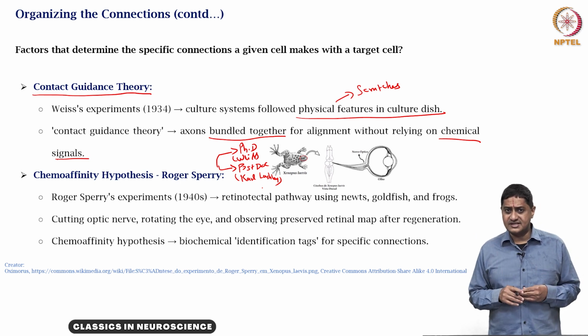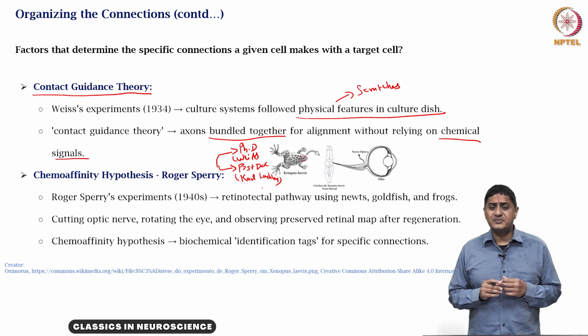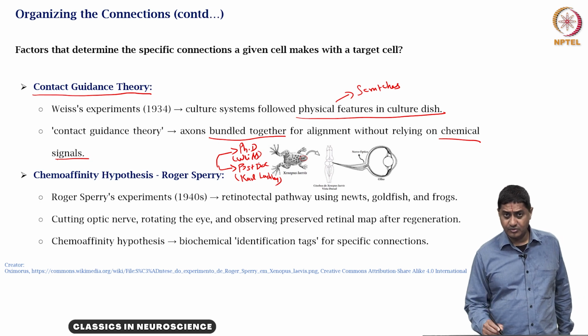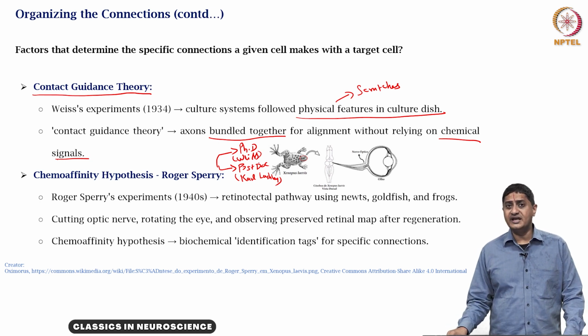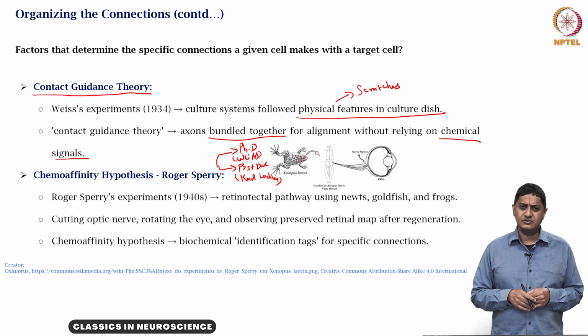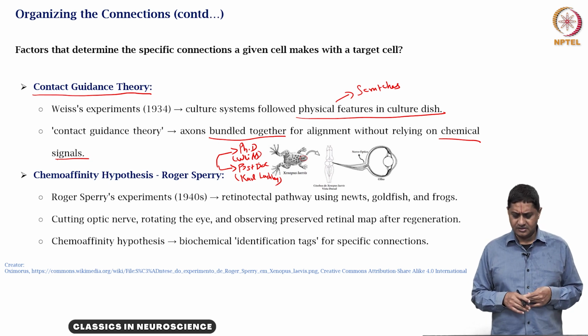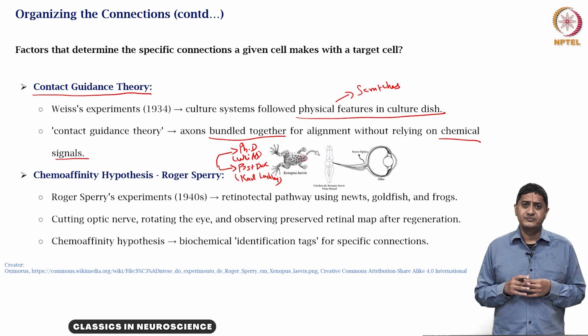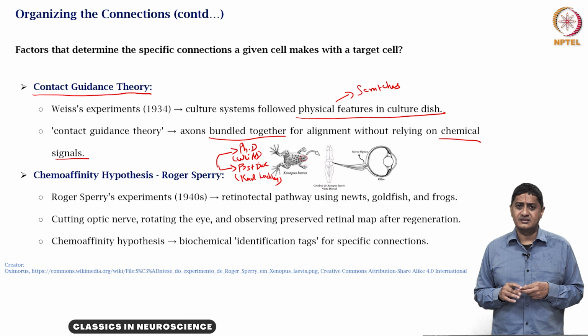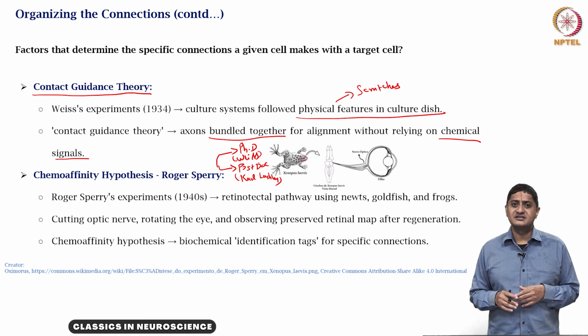This was Carl Lashley's idea. Roger Sperry studied with Weiss and Carl Lashley. Both of them were opponents of this idea of specificity, because Paul Weiss suggested that there was no need for chemical signaling to be present, and Carl Lashley suggested that there were no discrete actions happening or discrete regions in the cortex responsible for discrete actions.